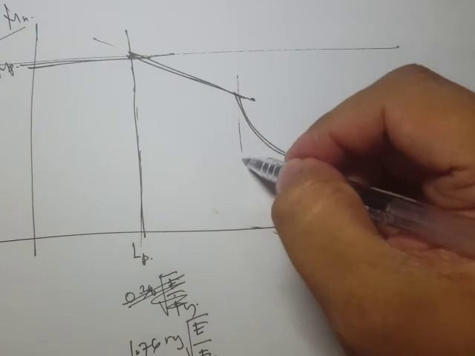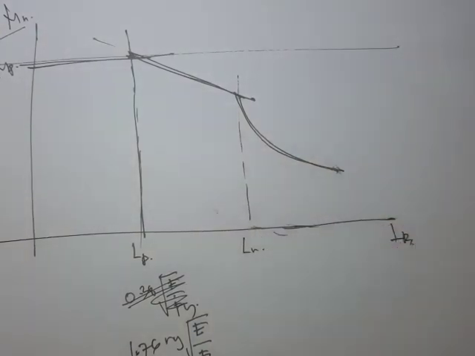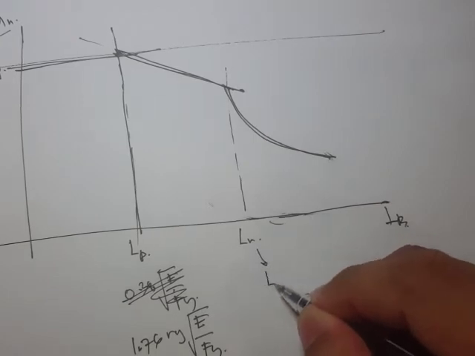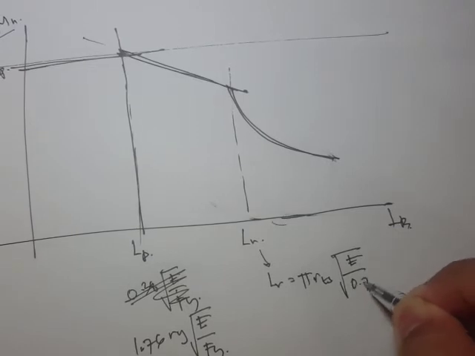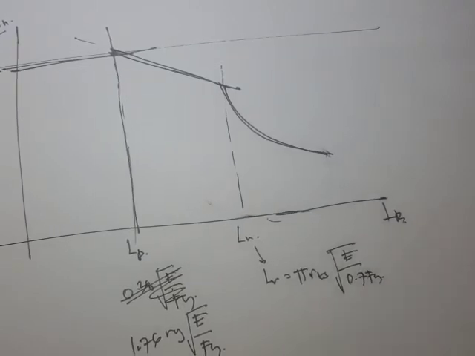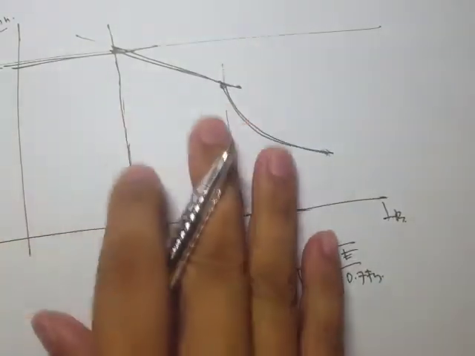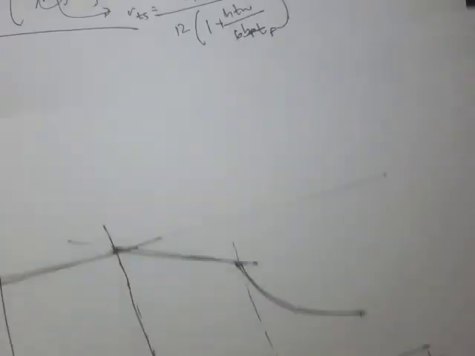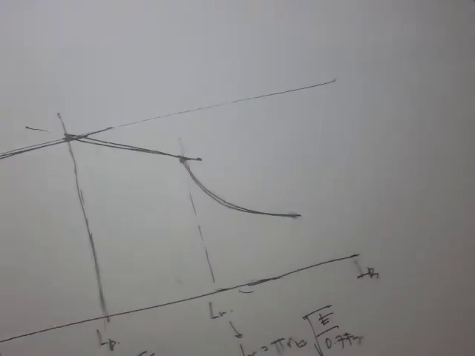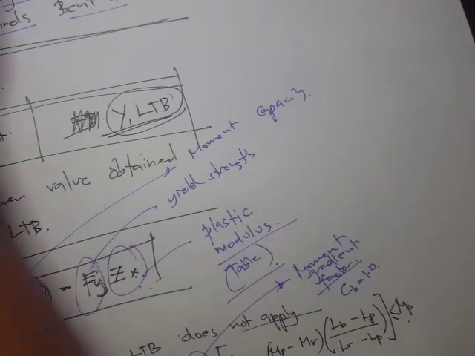And then this one, our L sub R. Our L sub R is pi r sub ts square root of E all over 0.7 Fy. Okay, so our M sub R, you'd also notice that we have this M sub R right here, right?